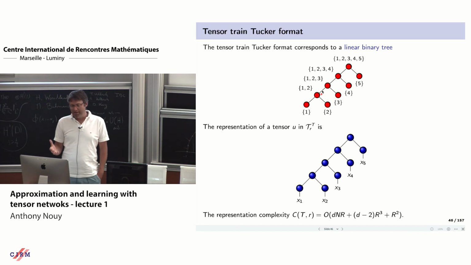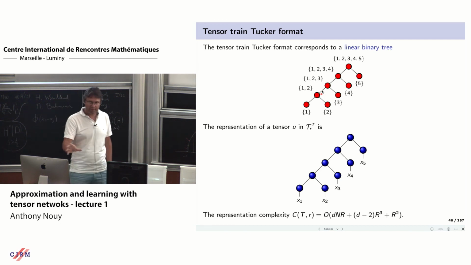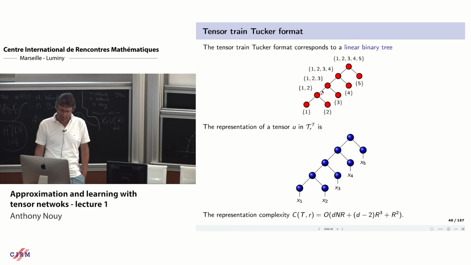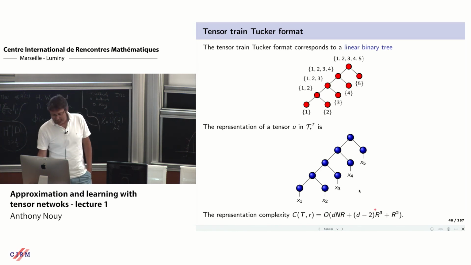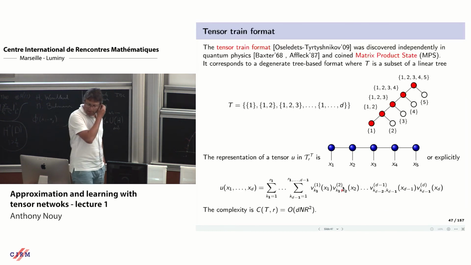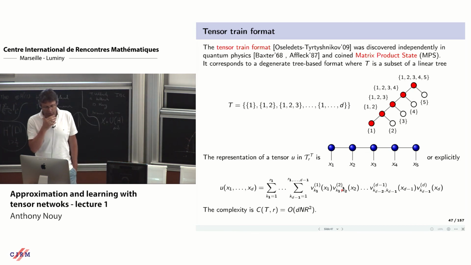You are more familiar probably, maybe some of you, with the next formats that will come later, but okay. This tensor train Tucker format is a particular case of hierarchical tensor format. And this is a representation in tensor diagram notation. And this complexity is, again, linear in D, quadratic in the ranks because of these internal tensors that you see here.